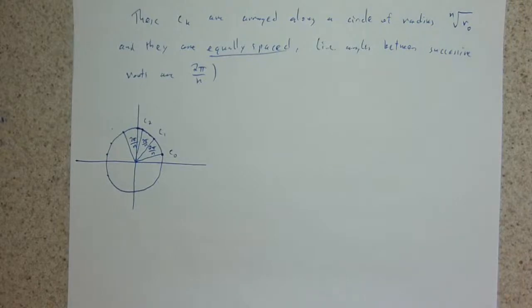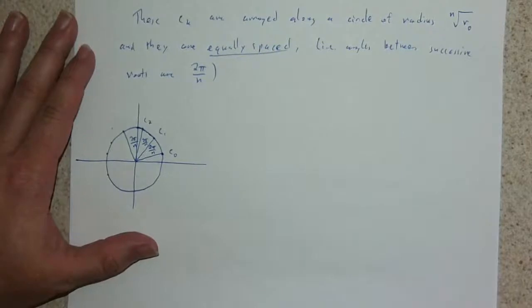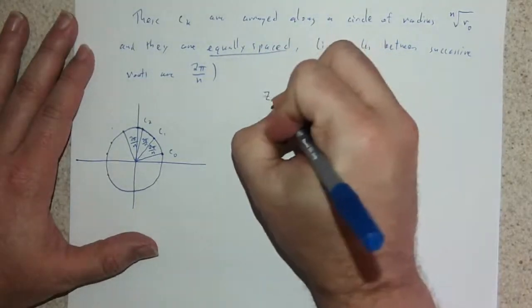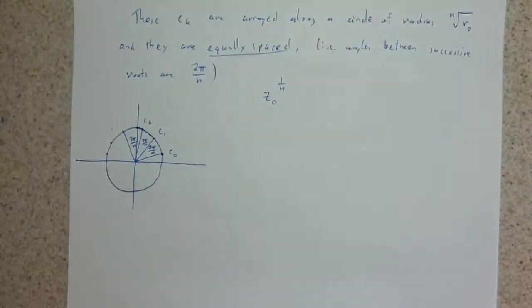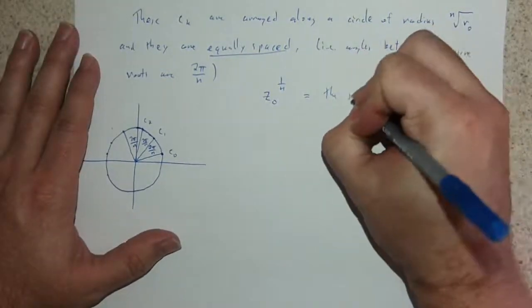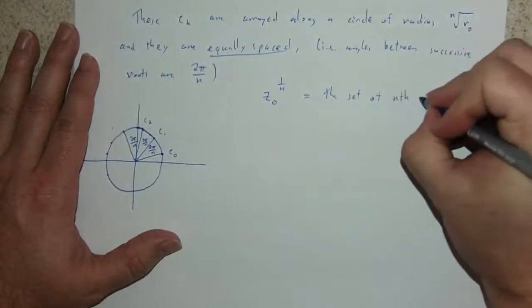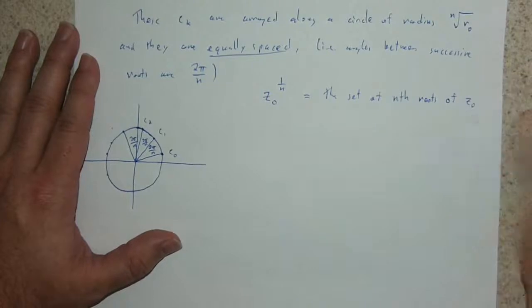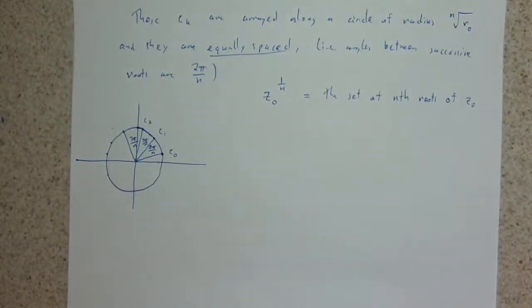Okay. And so there is a more convenient, snazzier way of thinking about these nth roots, which is if I use the expression z0 to the 1 over n for this, if I say that this is the set of nth roots of z0. So this has n members, right? There's n elements of this set. Okay, and so in this case, it makes sense to actually talk about a principal root.